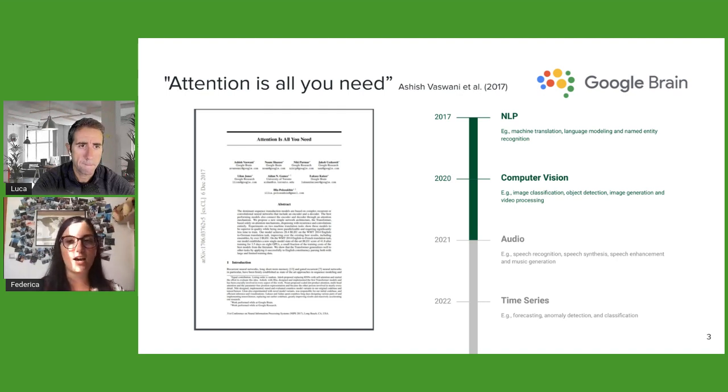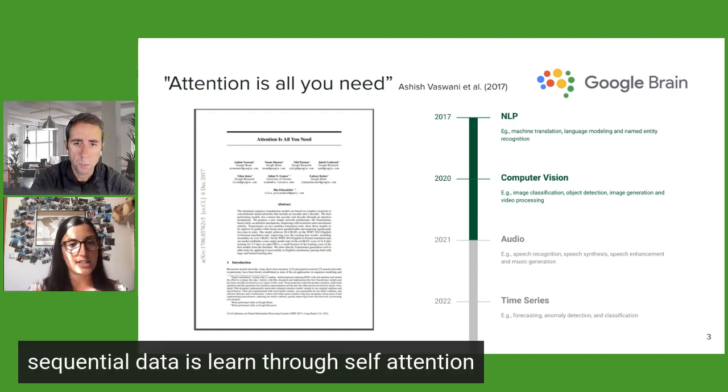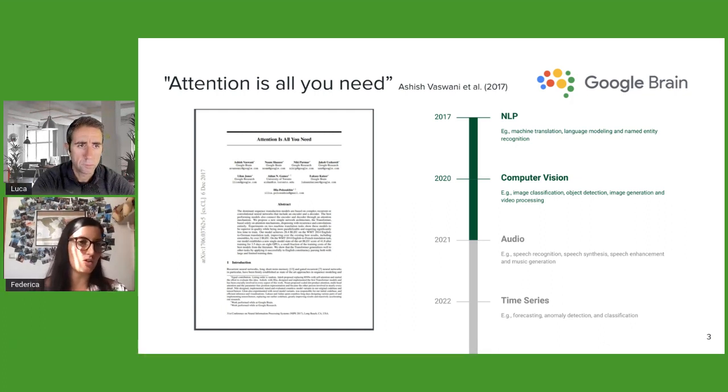But then they have been used for different tasks in many other areas, such as computer vision, audio processing and time series. So now they're used almost everywhere, and researchers are still trying to explore and improve this technique to use it in other areas too.